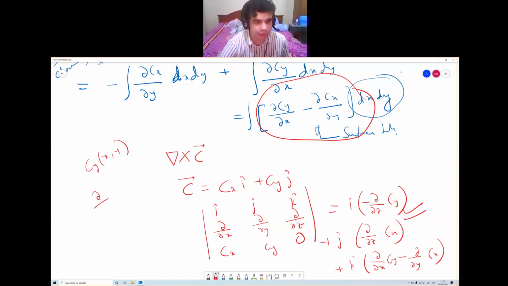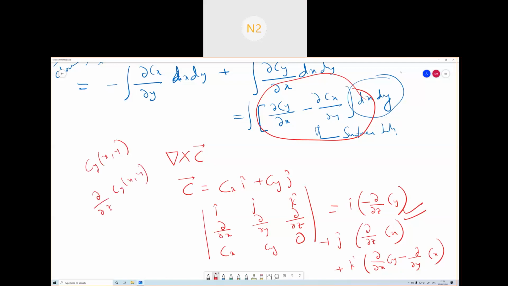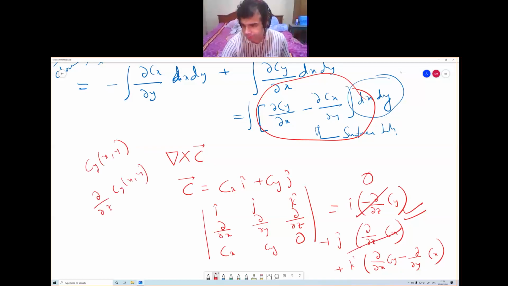So what is the value of del z of Cy? Zero. This is 0. Same logic, this is 0. Correct? So these two terms are gone. Are these two things same? So this here is the z component of the curl of C.